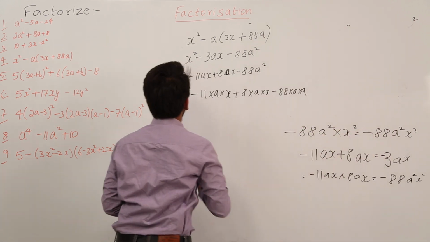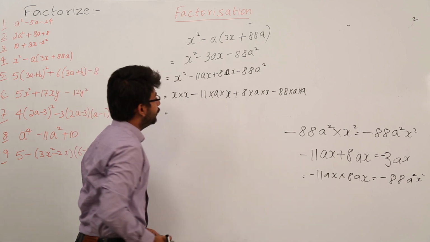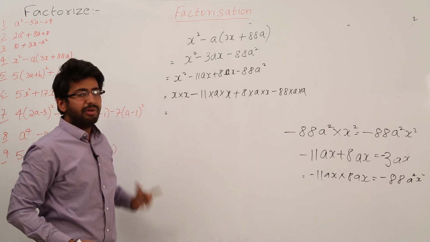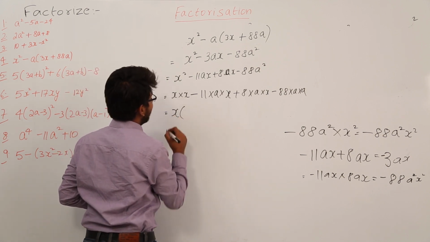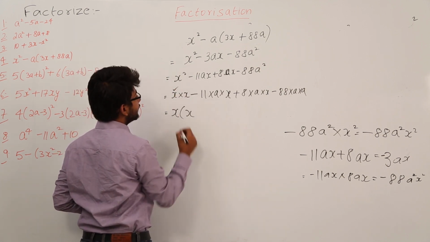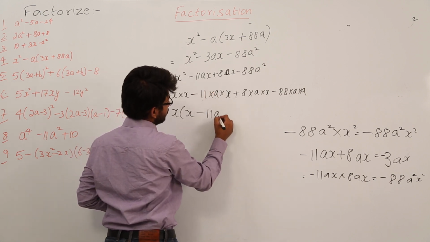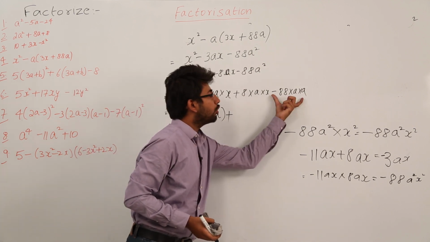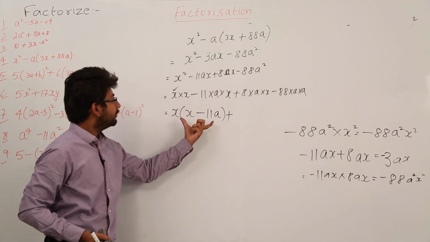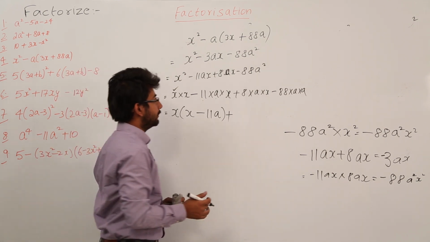Now from x into x minus 11a into x, we take out the common factor x. We are left with x and minus 11a, right? Now again we have to take out common in such a way that we have x minus 11a present in this term also.